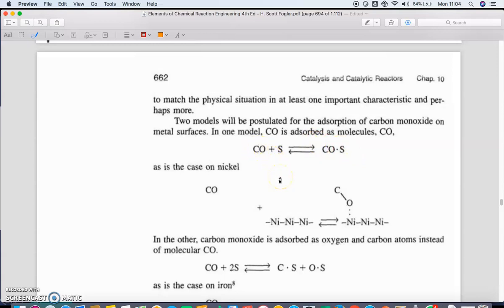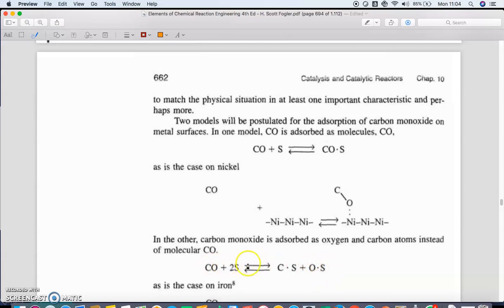One is adsorbed as a molecule, so it is not dissociated. The second model is that carbon monoxide is adsorbed as oxygen and carbon atoms instead of molecular CO: CO plus 2S gives C dot S and O dot S.